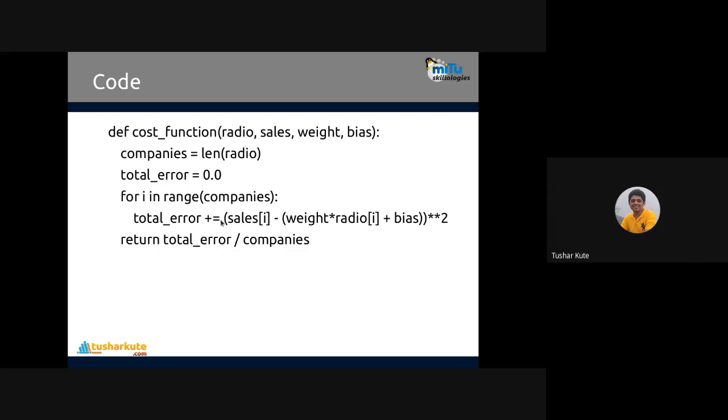So total error is total error plus this value that we get. We get the error of the first company, then the second, then the third, then the fourth. i will go 0, 1, 2, 3, till however many companies there are, all are considered, and accordingly the total error is calculated.